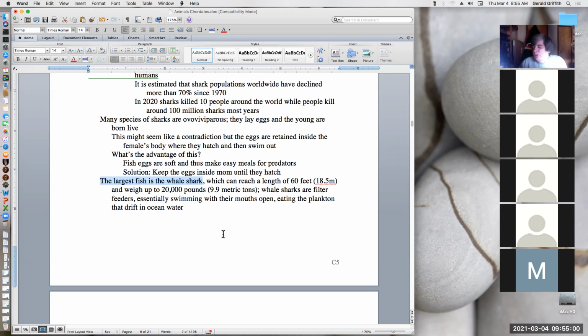We've talked about filter feeders that sit in one spot and either let the current move water through their body or pump the water through their body and then filter small food particles out. Whale sharks basically swim with their mouth open, and they eat the microscopic organisms that are in the ocean water that come into their mouth this way. But they are considered to be filter feeding.